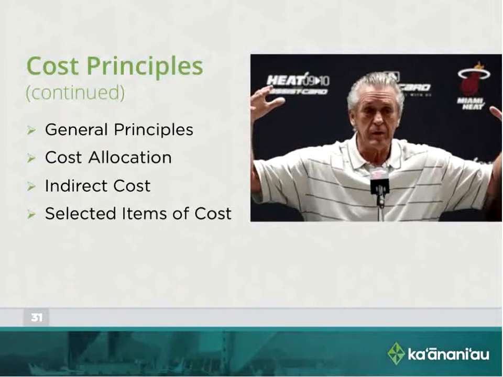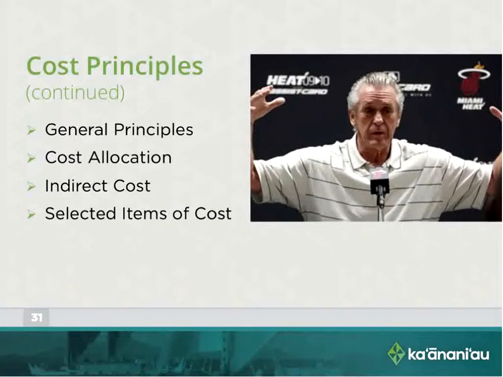If you have a cost that benefits multiple funding sources, you need to allocate those costs. It can't just be, well, we have 2 programs, so we'll split it, even though one program takes up 90% of the office space or uses 90% of the resources.